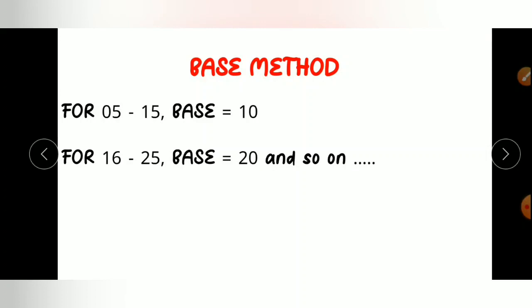Let's start. Let us assume we have to determine the square of 6. In the base method, we have to choose one base. Here the base is 10. First determine whether the given number is more or less than the base.